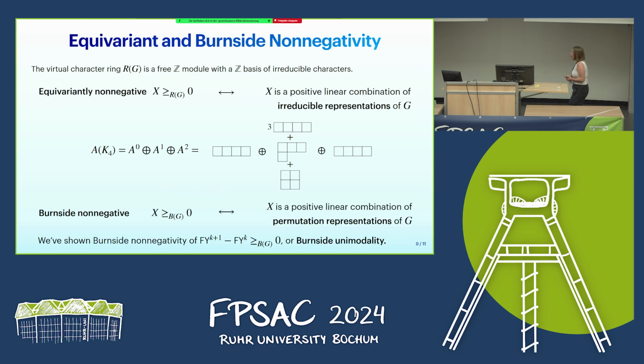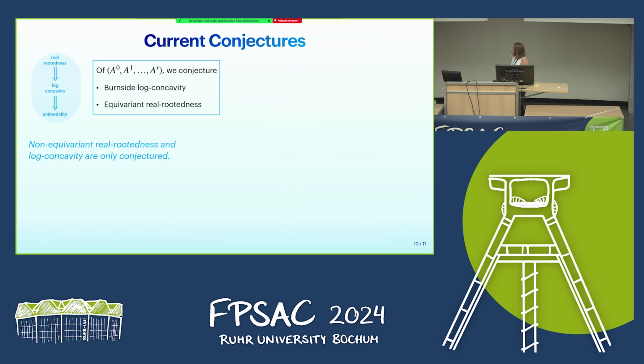I will also say that things are Burnside non-negative if they are positive linear combinations of permutation representations. And so what we have shown is Burnside non-negativity of the monomial basis of the Chow ring. Unimodality lies at the bottom of a hierarchy, above which is log concavity, and above log concavity is real rootedness.